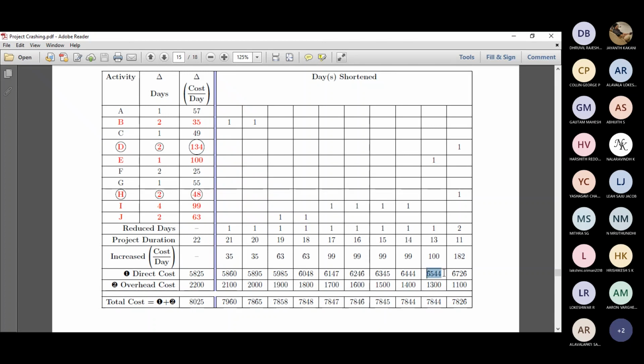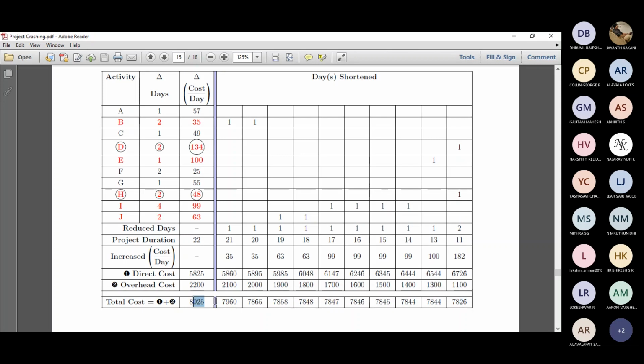Then 6544 plus 182 is 6726, and we have reduced it by 2 days since it's a reduce-a-day algorithm for two paths. So 11 multiplied by 100 is 1100. So 6726 plus 1100 is 7826.